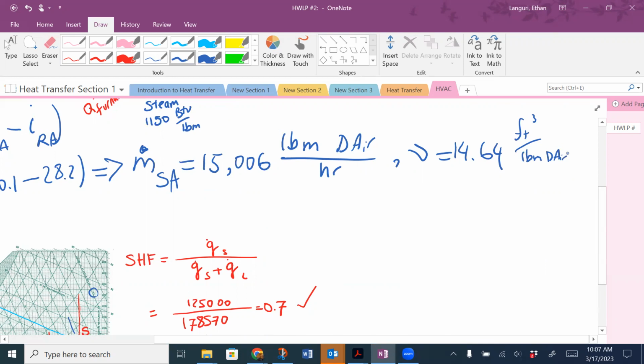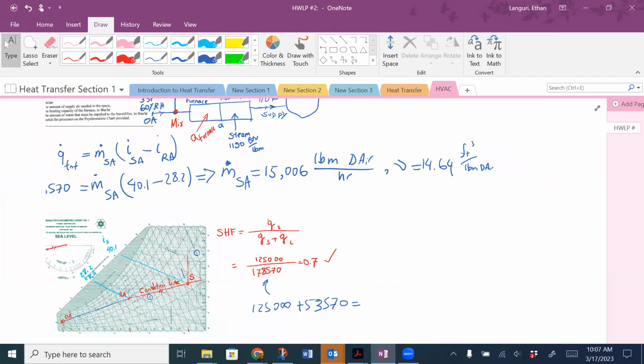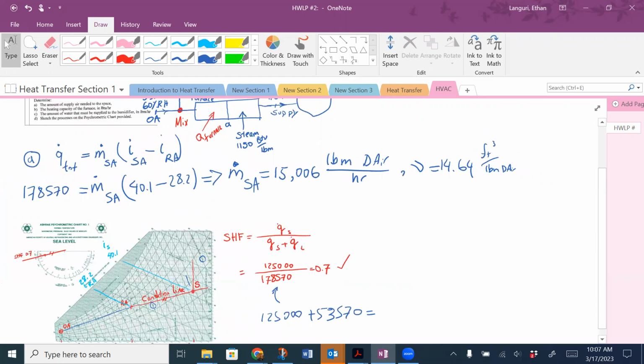Using this, now that you have the mass flow, m dot, and you have the specific volume, you can find the CFM of the supply air.